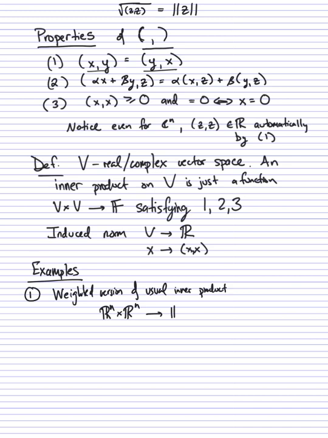So you can take Rn cross Rn to R and send x, y to A1 x1 y1 plus A2 x2 y2 up through An xn yn, for A1, A2 up through An positive numbers.